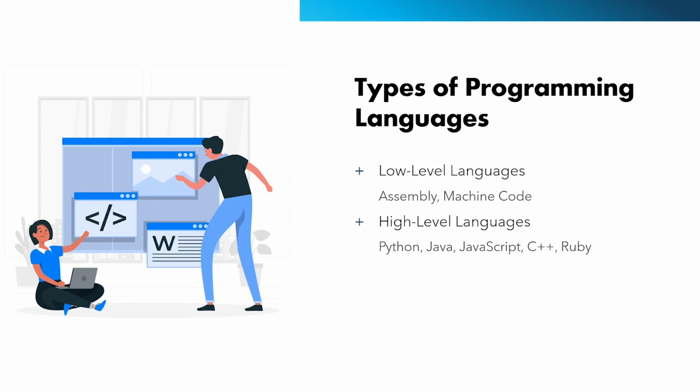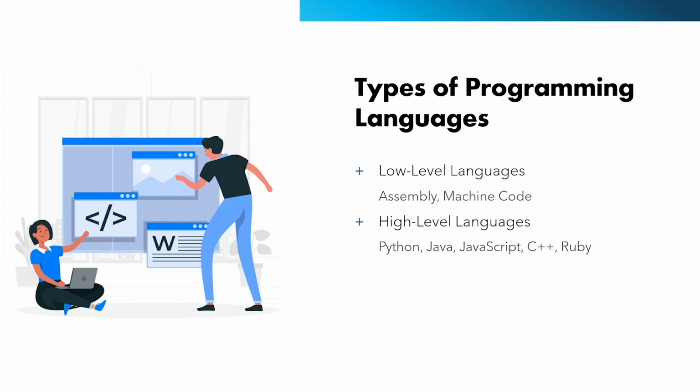Then for the high-level programming languages, these are languages that resemble our natural languages. They are far from the low-level languages or the machine native languages. That is why we call them high level. Low level means almost at the same level with the language that the machine understands.